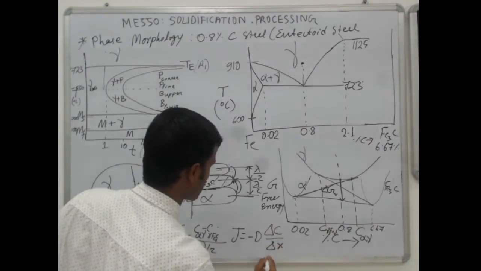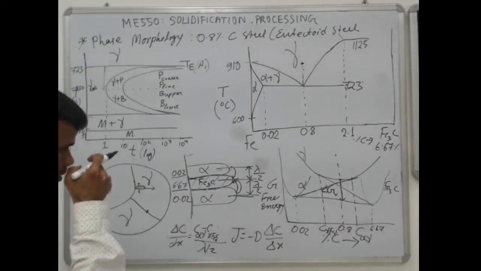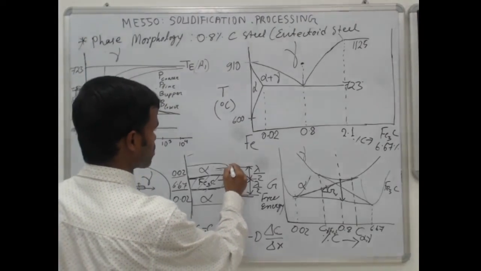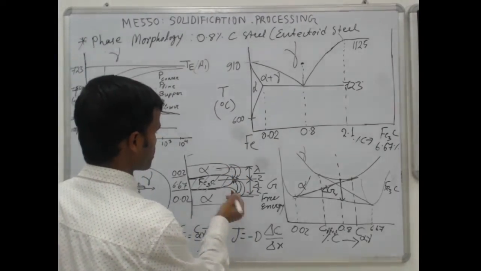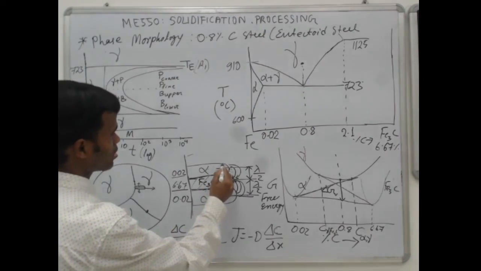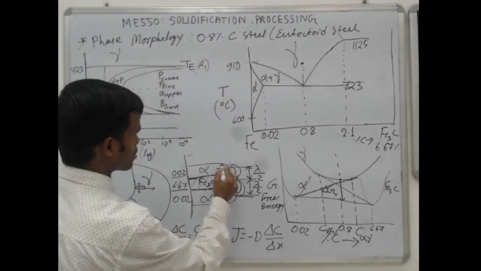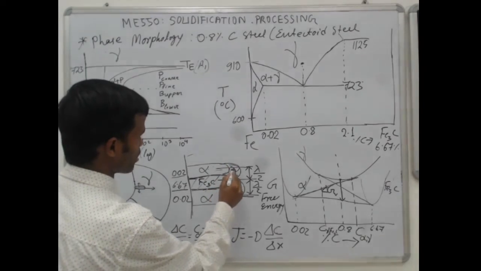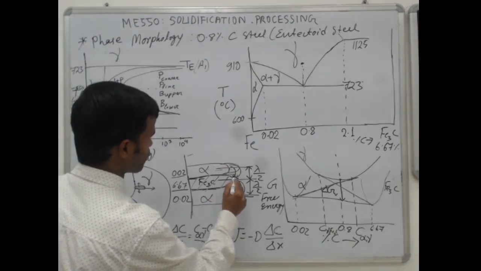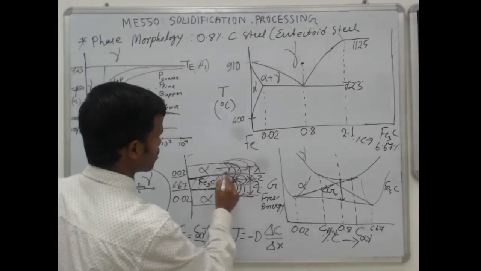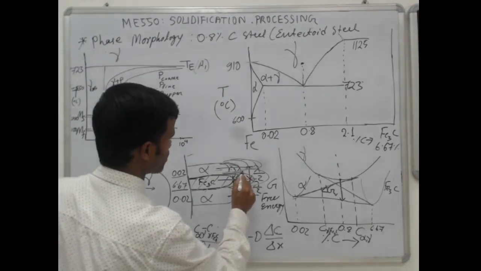That's why carbon atoms will jump from here to here. As a result, as carbon percentage drops, the alpha will grow, and if carbon percentage here increases, this Fe3C will also grow. So this is how the growth takes place in this direction.